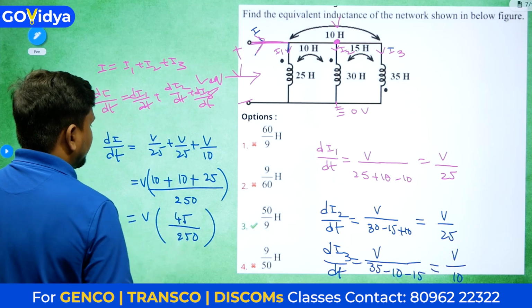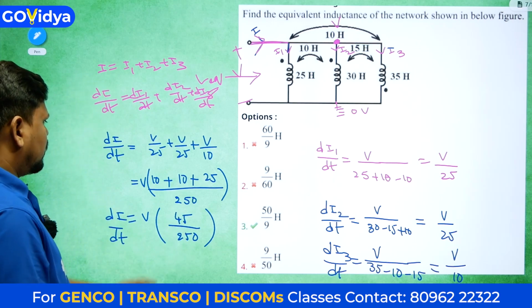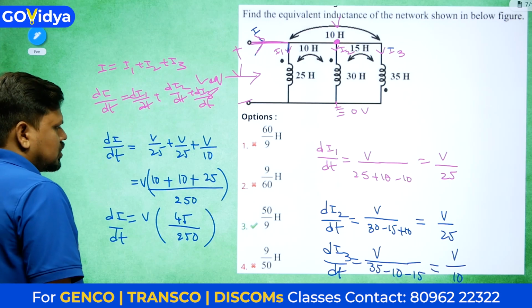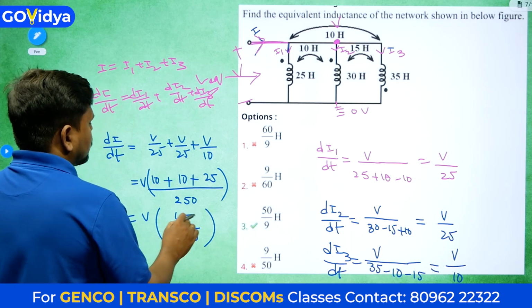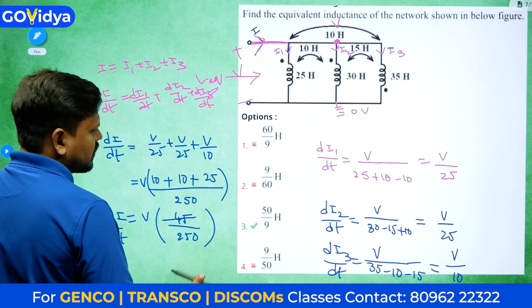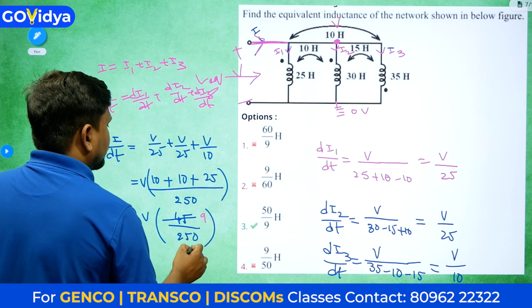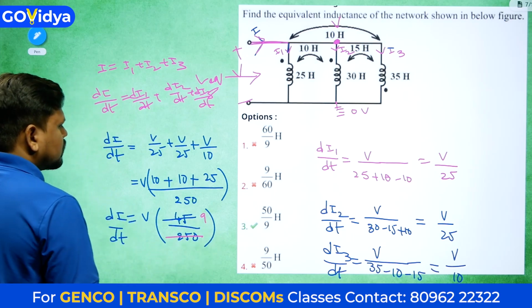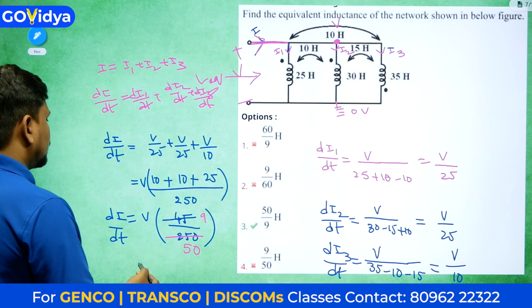We can simplify this, so this is di by dt. 45 by 250: we can divide by 9, or by 5. The 5 9s are 45, 5 5s are 25 and 0. So we got 9 by 50 into V.